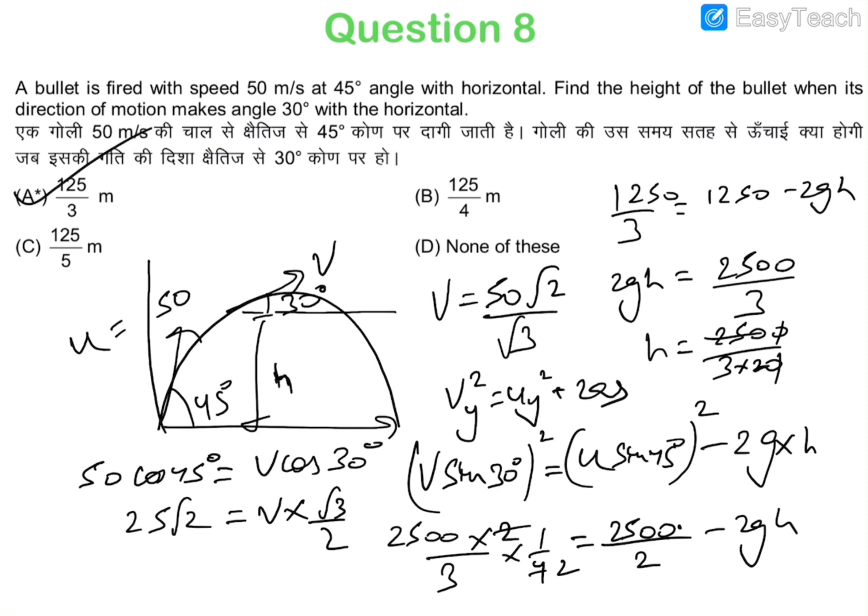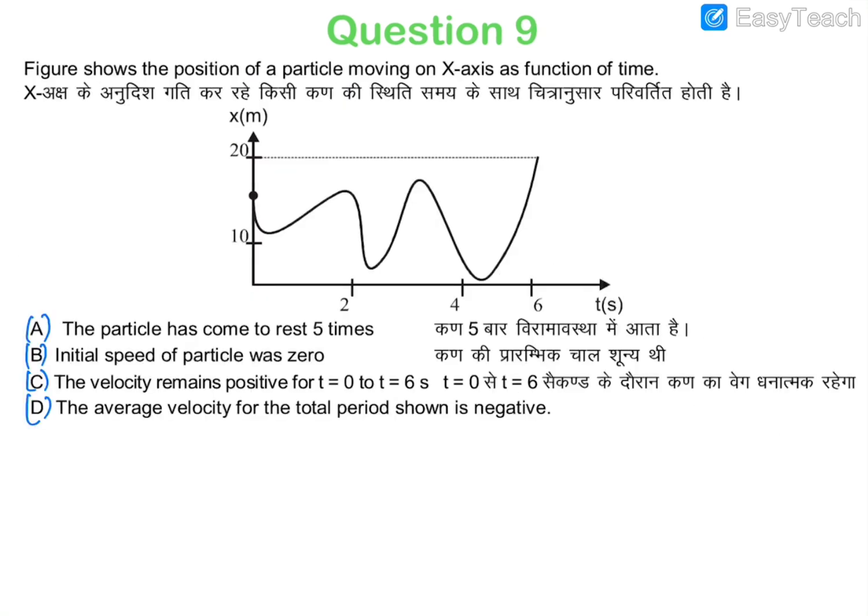Now we move on to the next question. In this question, you can see that there is a graph of position of a particle moving on the x-axis as a function of time, and we have to choose the correct option. So you can see that in the first option it is mentioned that the particle comes to rest 5 times.